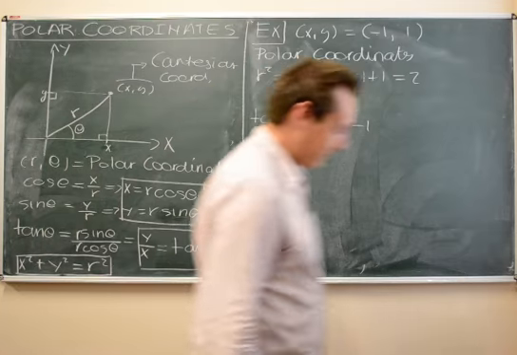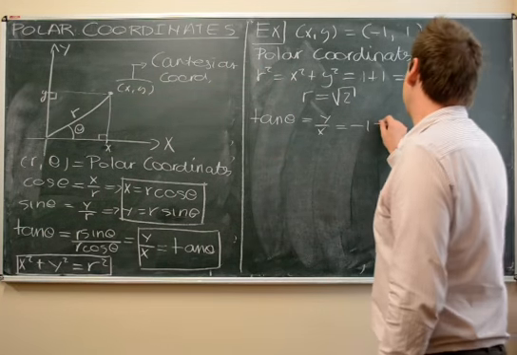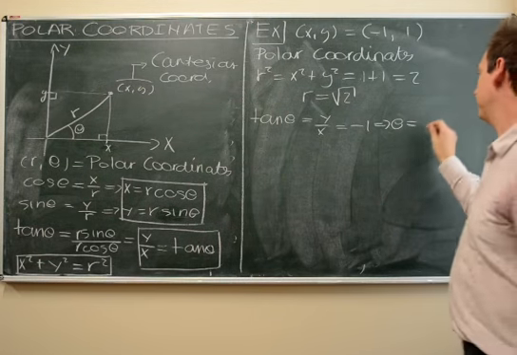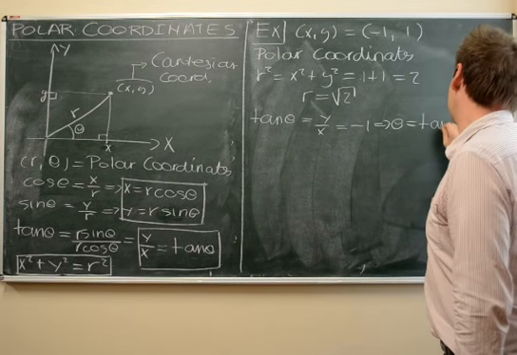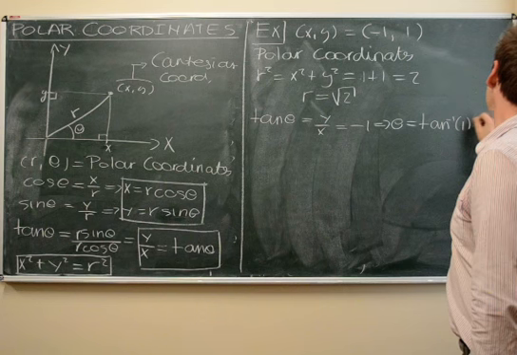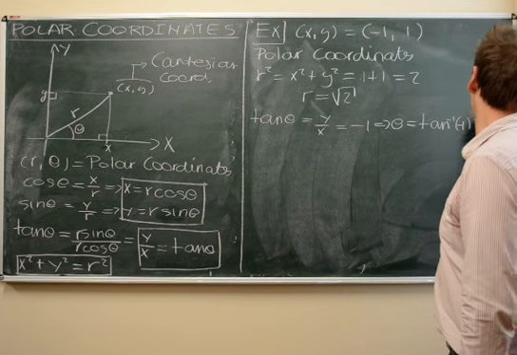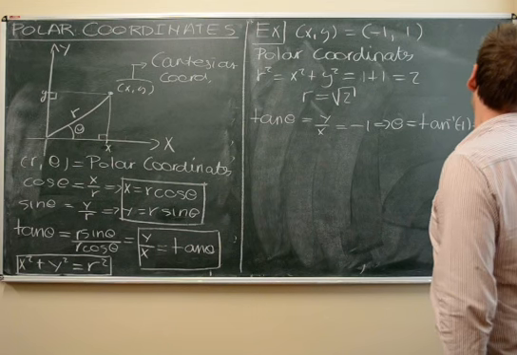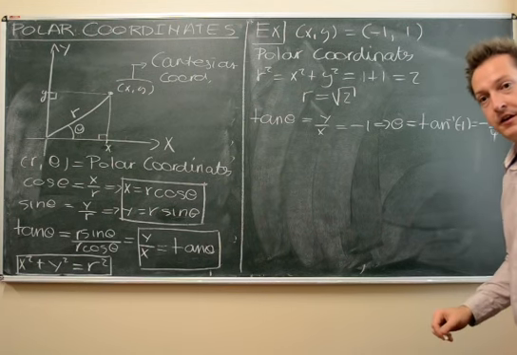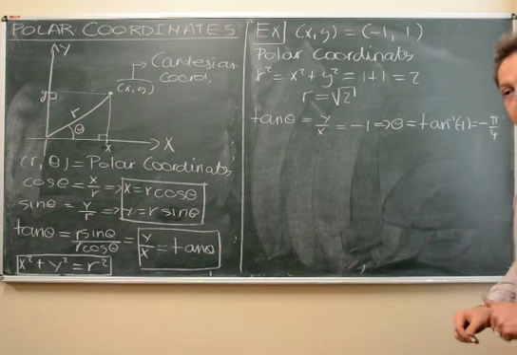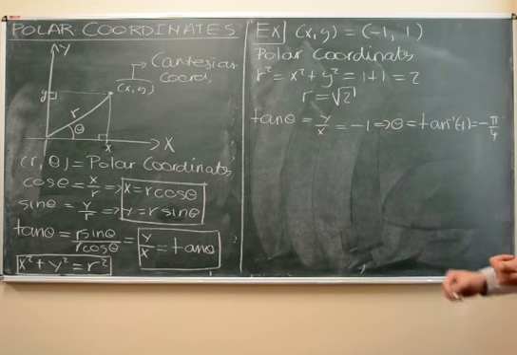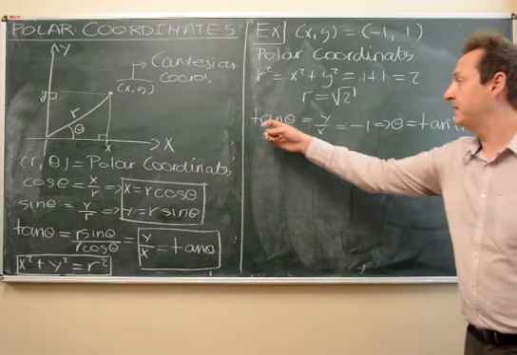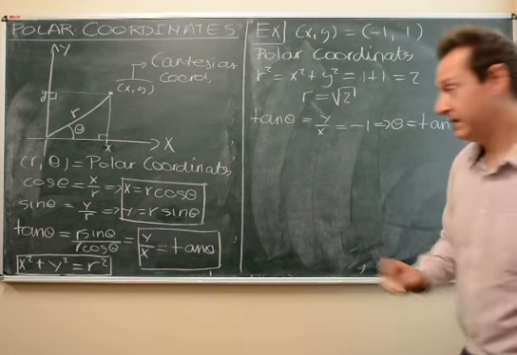So now, if you calculate theta, it gives you arctan of minus 1, which is minus pi over 4. Now is that the right angle? Well, not necessarily, because remember, tan theta has period pi.